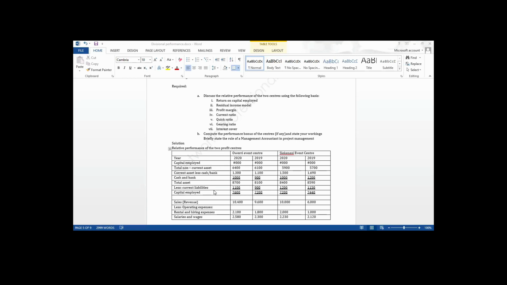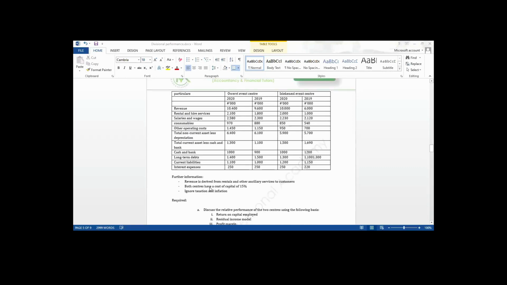When you have it, then pick the figure for current liabilities. Just carry the figure. Look at it here. Copy your figure.